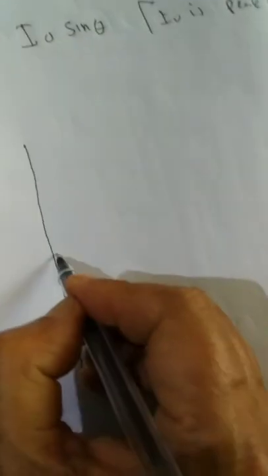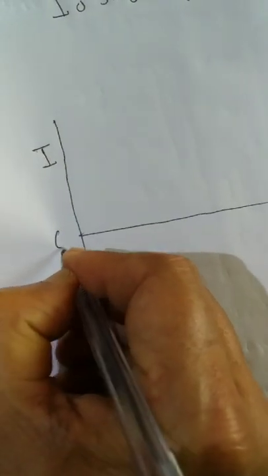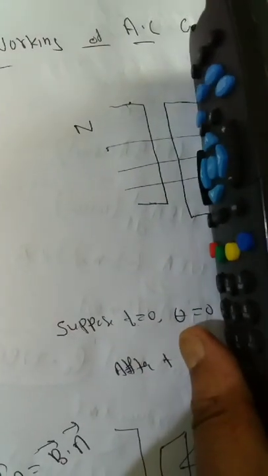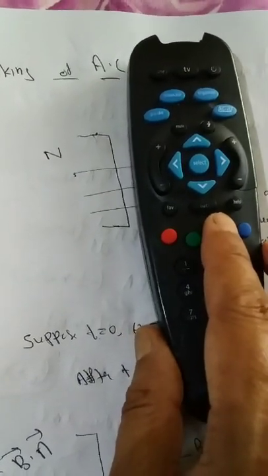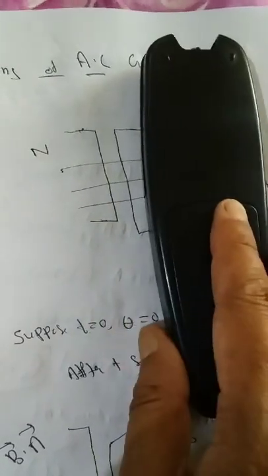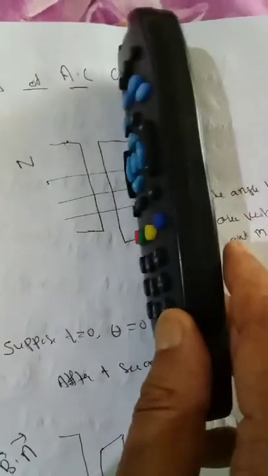Okay, if I draw the graph, the current goes positive and then goes negative. Here theta goes from 0, then to 90, then 180, then 270, and then 360.